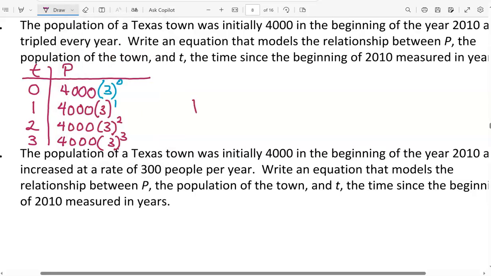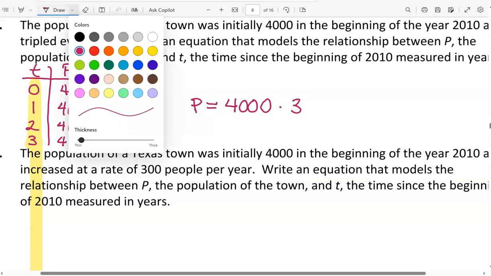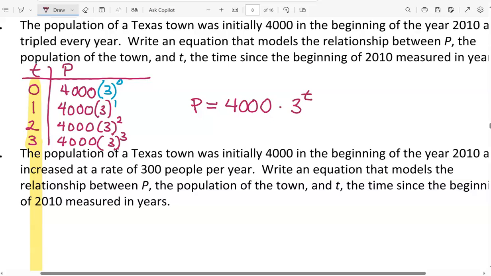And so what we can say about p, the population, is that the population is always equal to 4,000 times 3 raised to a certain power. If we look at the powers, when t is 0, the power is 0, and when t is 1, the power is 1, etc. So the exponent is the value of t.